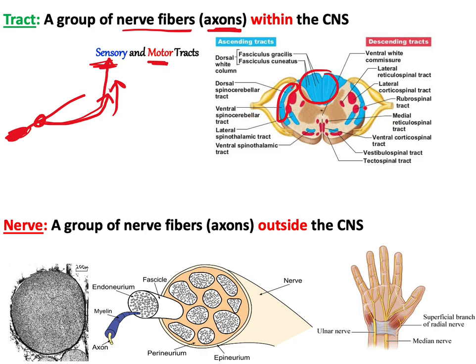And in this case, as far as I remember, through the spinothalamic tract, so through the sensory tract. Once the stimulus reaches the brain, it gives an order to take off your hand and throw the spoon.